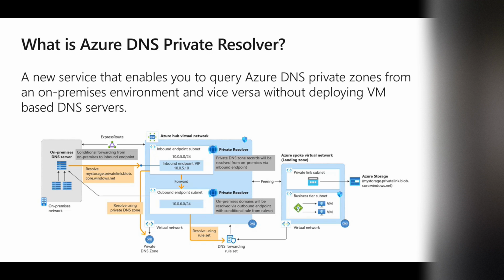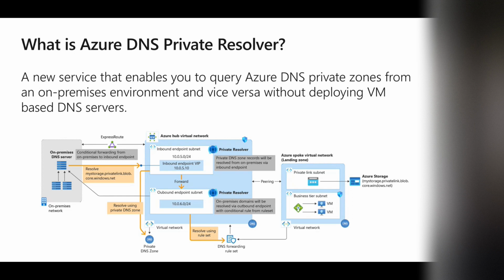You don't need outbound. You don't need a forwarding rule set, all that stuff. On the other hand, you may only need the outbound endpoint and the rule set. In that case, you don't need inbound. So they are separate. You pick and choose whatever feature you want to use.